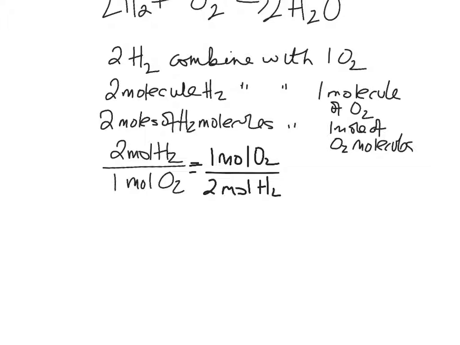The relationship is the same. 1 mole of oxygen will combine with 2 moles of hydrogen. These are called mole ratios. And they are very important, and you need to know how to write them.